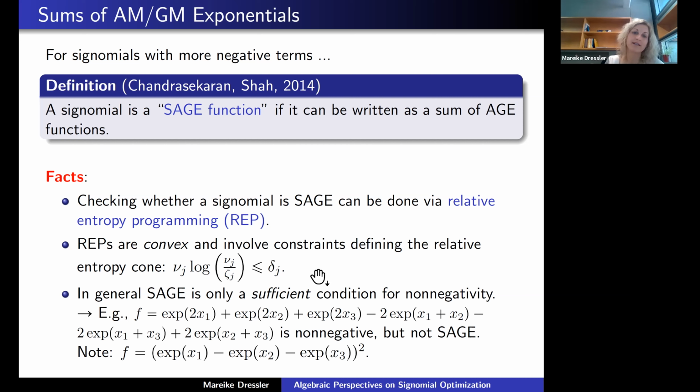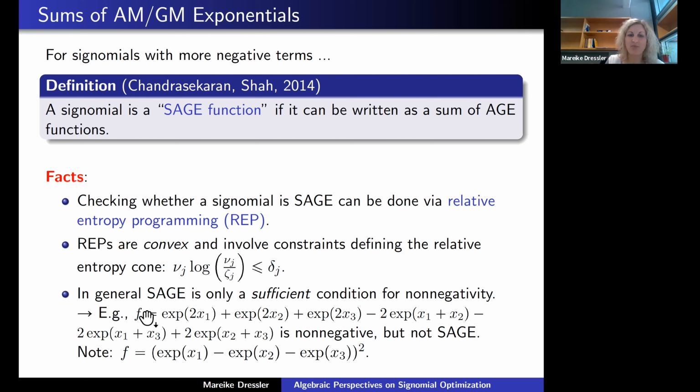A very nice property of these relative entropy constraints is that they are jointly convex in both their arguments, and we have a computationally tractable barrier function for this cone, so we can compute nicely with it. Clearly, in general, this SAGE decomposition gives us only a sufficient condition for non-negativity. That is, there are non-negative signomials which are not SAGE functions.